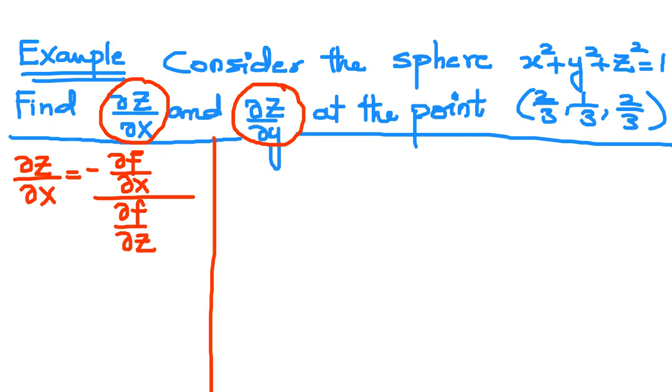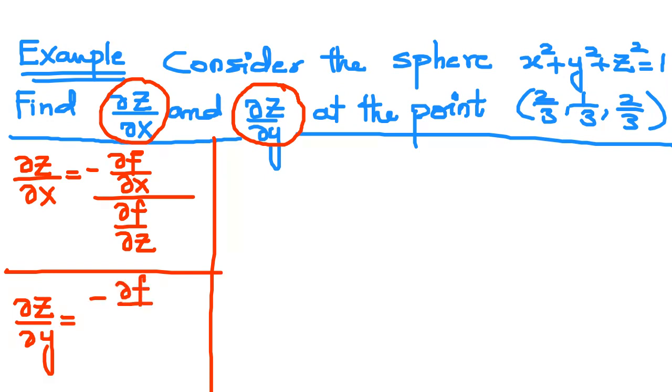Okay, this is the first formula. Now the second formula: the partial derivative of z with respect to y is equal to negative the partial derivative of f with respect to y divided by the partial derivative of f with respect to z. So these are the two formulas.